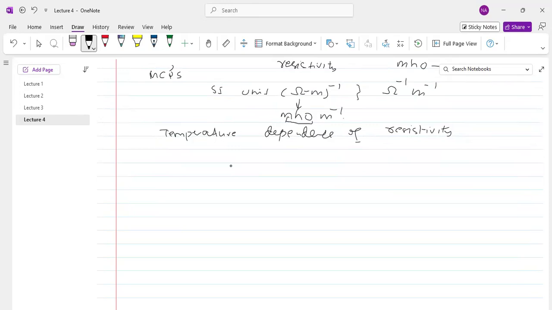In order to understand this, we know that if the temperature increases, then the resistance also increases.